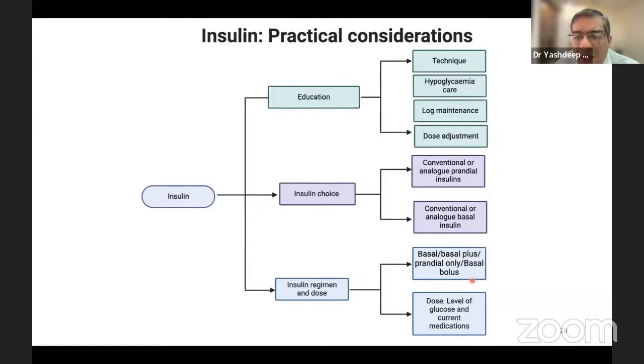In routine practice, even at AIIMS, we prefer giving basal bolus during pregnancy, but most patients preconception, due to convenience, may be on a split mix regimen or a lesser number of insulin injections. So it is important to transition them from split mix or a limited number of injections to a standard basal bolus regimen, so that whatever adjustments on that particular regimen have to be done are done at the right stage rather than during pregnancy.